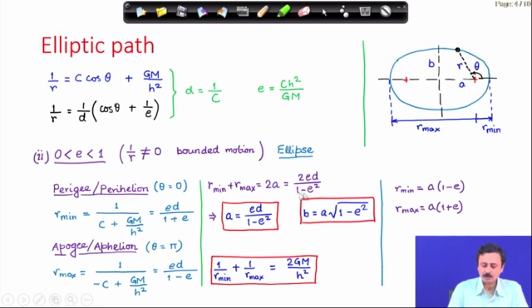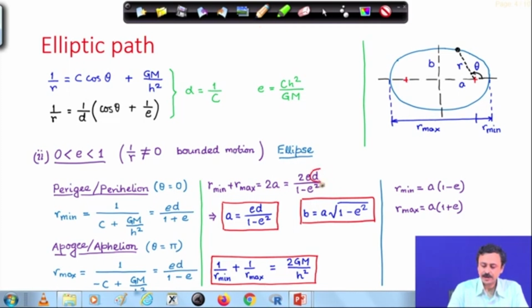Just solve for d from here, you find the expression of d. So d is A into 1 minus E square by E, and if you substitute d in here, you will get these two relations.